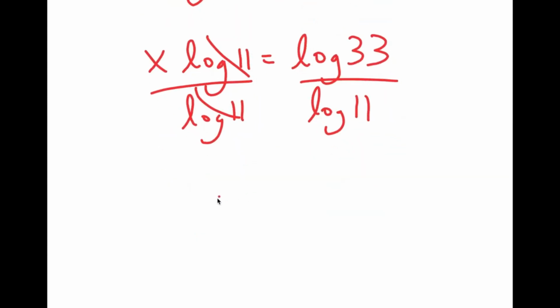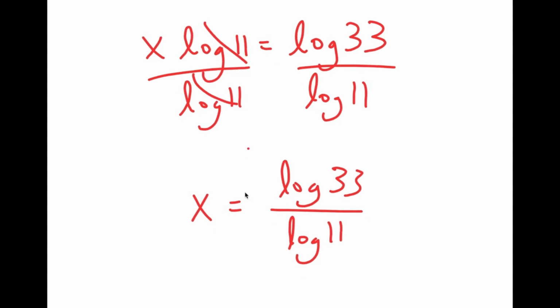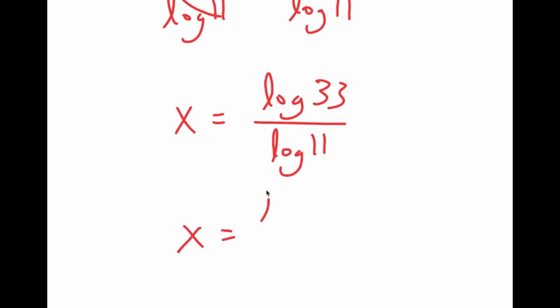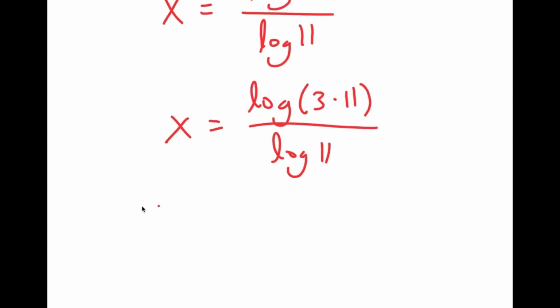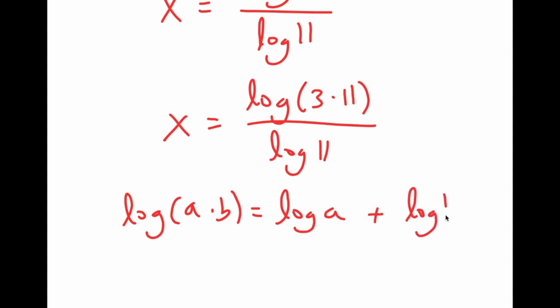So these two cancel out, and I get x is equal to log 33 over log 11. And this is equal to log of 3 times 11 over log 11. And if I have something in the form log a times b, this is equal to log a plus log b.